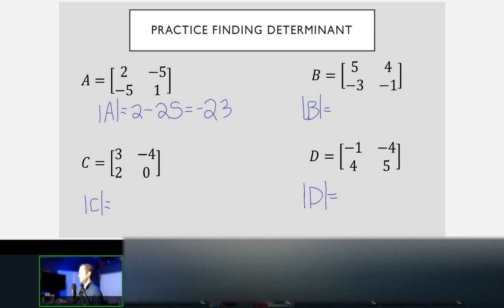Make sure you show your work. Maybe instead of writing what I just wrote, you actually write 2 times 1 minus negative 5 times negative 5.